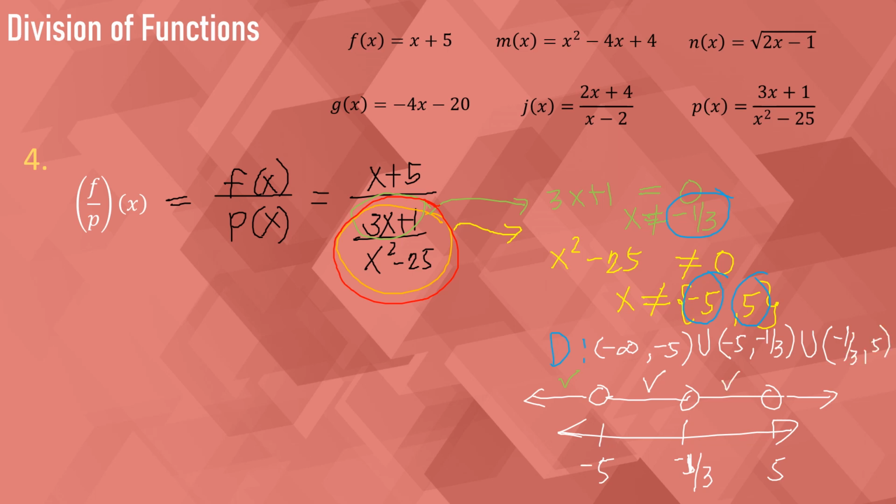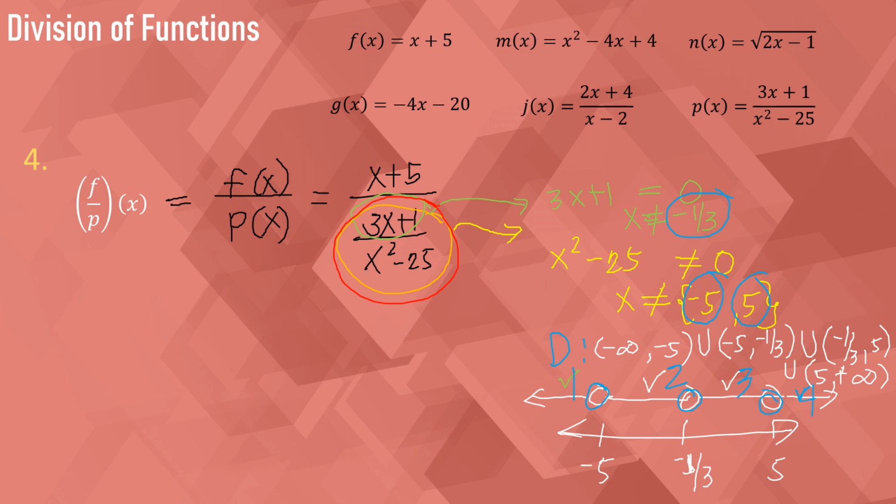Ito, pangatlo. And union all numbers greater than 5. So you see, we have 4 sub-intervals. Kasi nga, tatlo yung iiwasan mo. So, magiging 1, 2, 3, 4 sub-intervals ang hanapin mo.